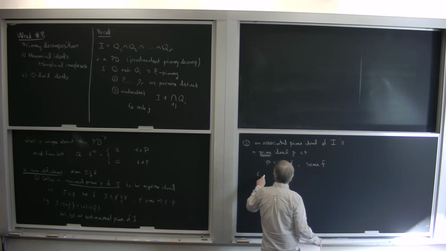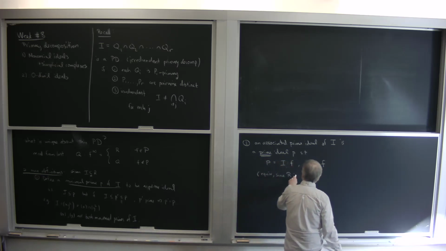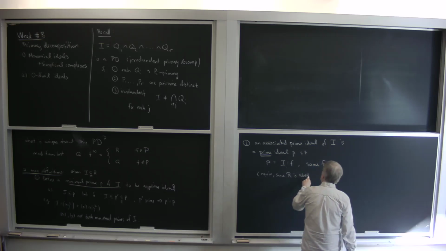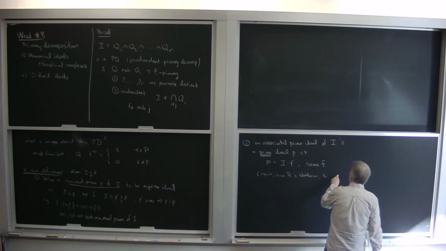We could actually also say that this is equivalent, since R is Noetherian, and I'm not going to prove this, to saying that the radical of I colon f is prime.